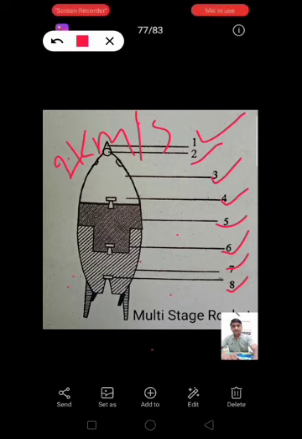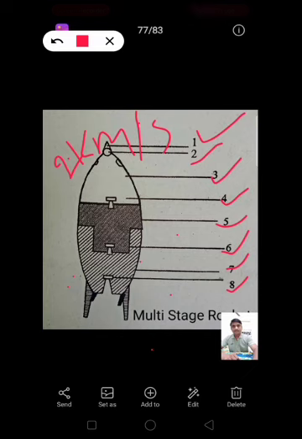After reaching 4.6 kilometers per second, the first stage of the rocket will be separated from the rocket. Now the second stage of the rocket begins to work with the help of its engine.